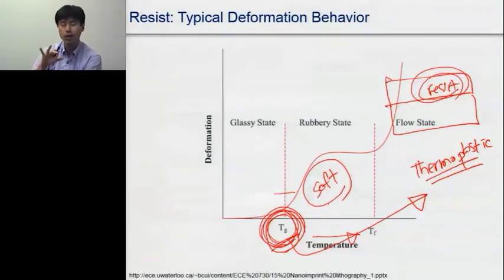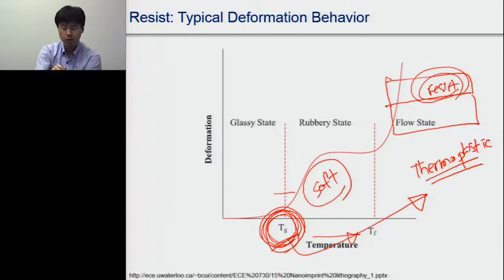As we apply a little heat, this material is ready to flow, but the flow is very viscous. It is not in a flow state like a liquid, but a very soft state, so it can flow as we apply pressure.